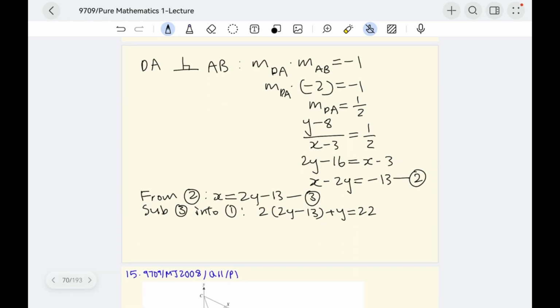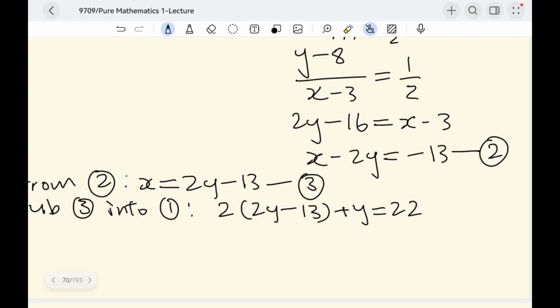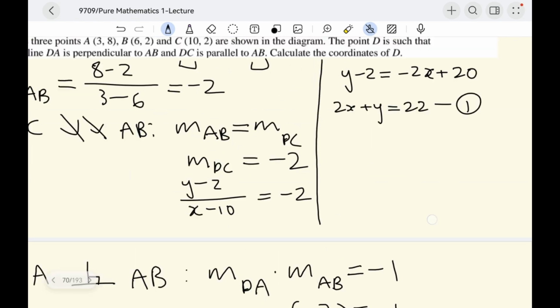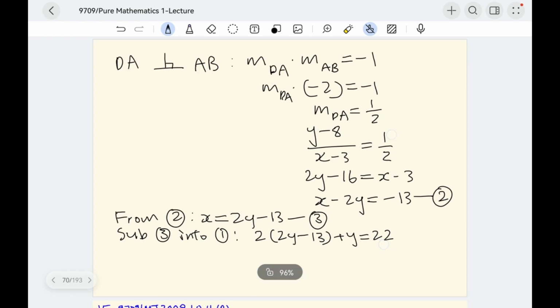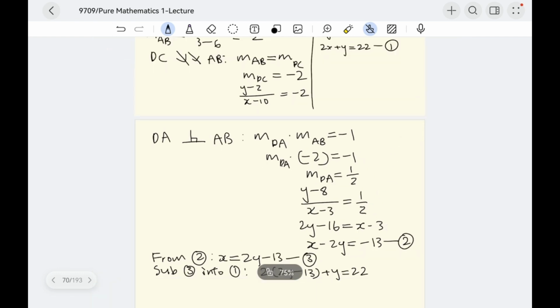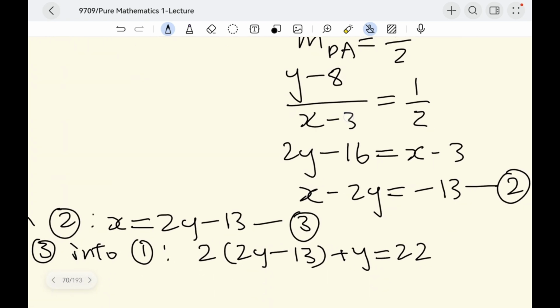So now solve for your y. For the y value, you can leave it as decimal 9.6 or 48 over 5.